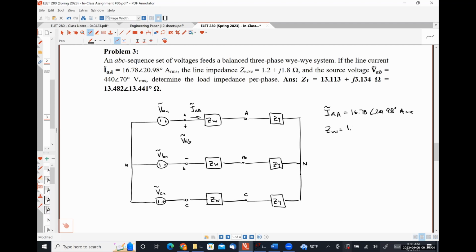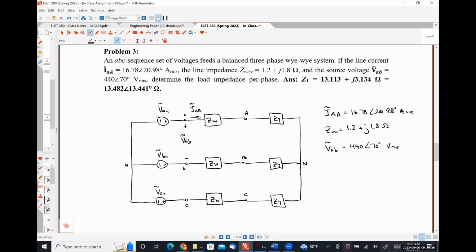ZW is 1.2 + j1.8. And VAB is 440, angle 70 degrees, volts RMS.